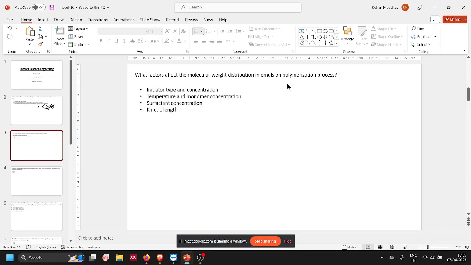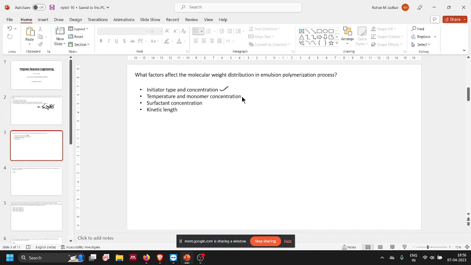As we've seen in the previous session, the kinetic length of the polymer chain undergoing initiation and propagation steps is very important for the molecular weight distribution in any polymerization process, more so in emulsion polymerization. The initiator type and the concentration will be determining the kinetic length of the polymer chain.